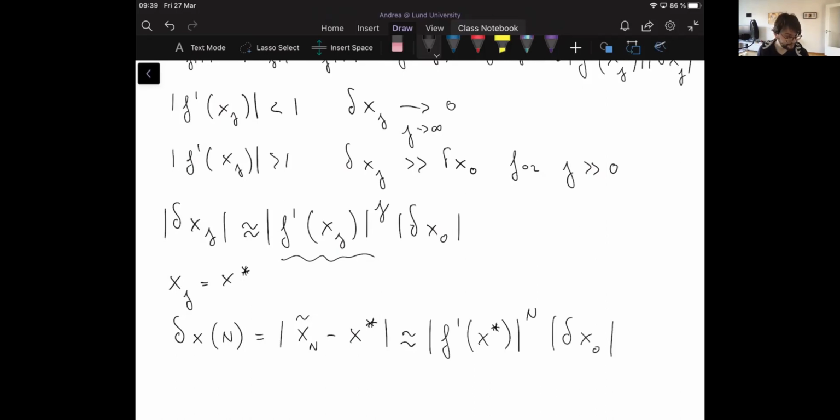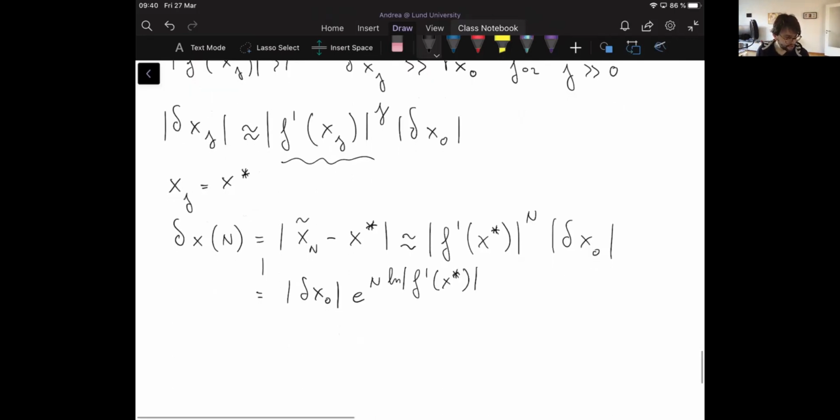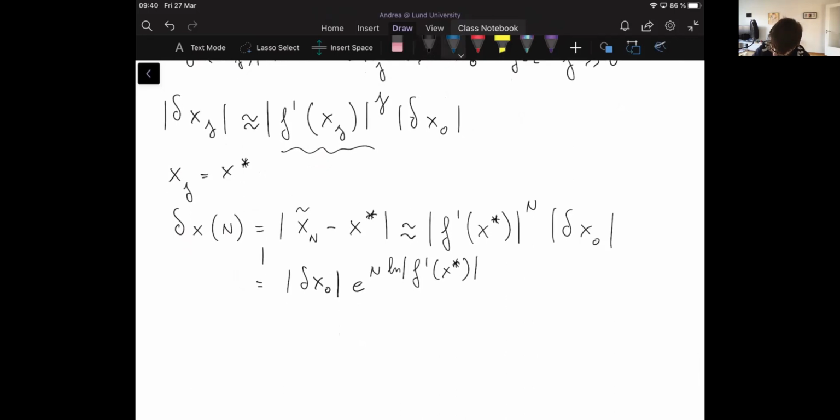And this is equal to the absolute value of delta of x0 times, I can rewrite this as an exponential, n times the logarithm of the absolute value of f prime x star. Okay, just using the properties of the logarithms and the exponential. So I can define this as the Lyapunov exponent, lambda.